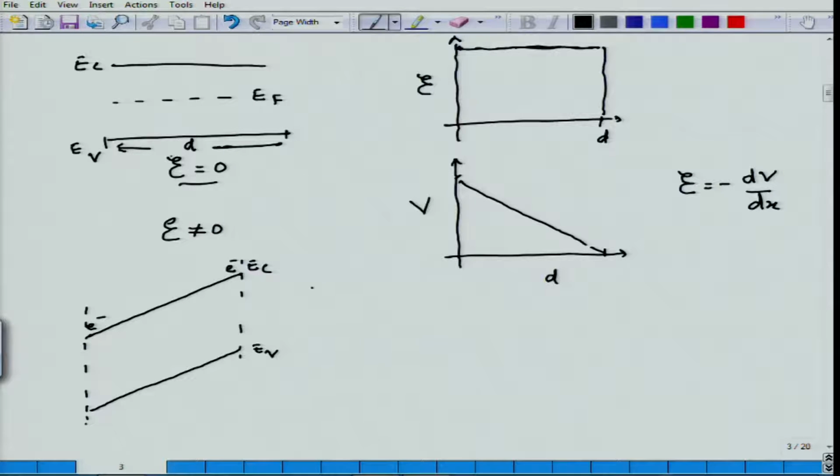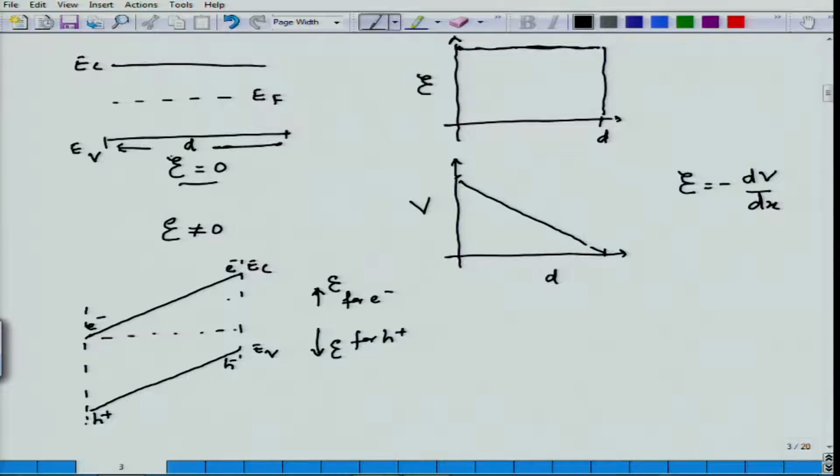And since this is an energy band diagram which, if you recall, is plotted for electron energy, electron energy increases in this direction, and the energy value increases for holes in the opposite direction, and hence for the hole this is higher potential and this is a lower potential, because band diagrams are plotted for electron energy.